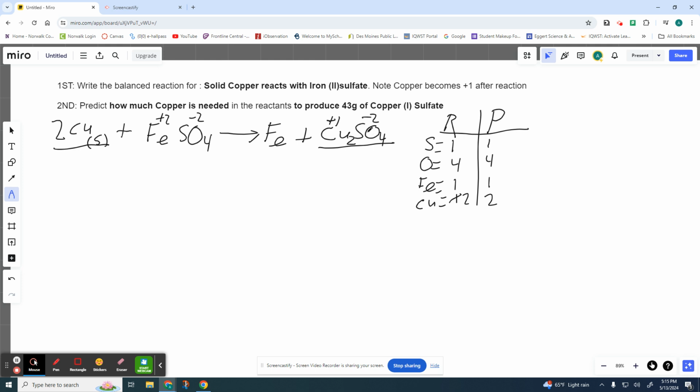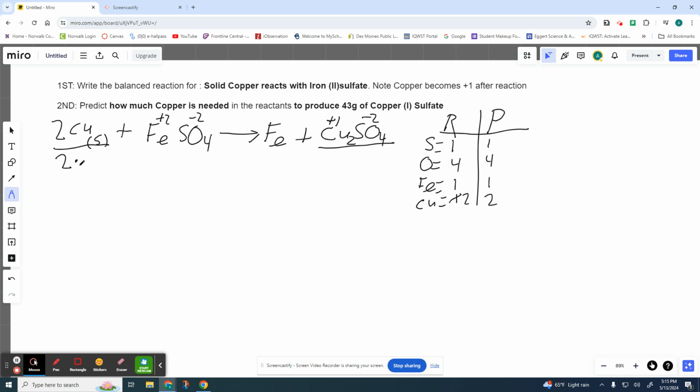the package mass, or the package weight, for copper 1 sulfate. In class, we've just been adding the masses up below the reaction. Since I have 2 coppers, I know I have to take it times 2, but I am not going to multiply the times 2. I'm going to leave it together as a package for my unit multiplier ratio.